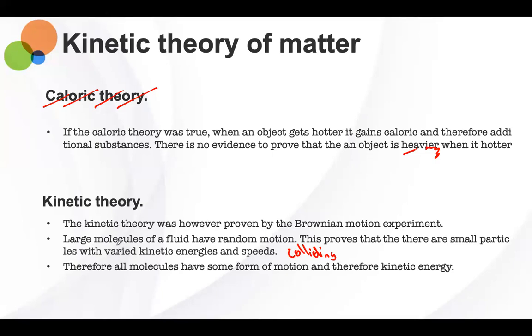If there were no smaller particles, you'd find that the large particles would move in a uniform way. But because you have smaller particles, you'll see that they have random motion. Therefore, all molecules will have some form of motion and therefore kinetic energy.